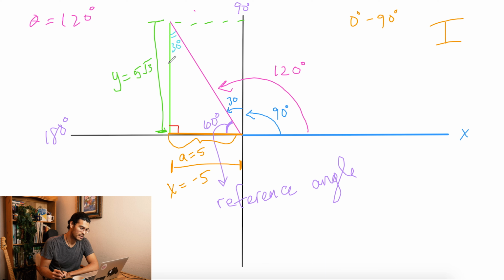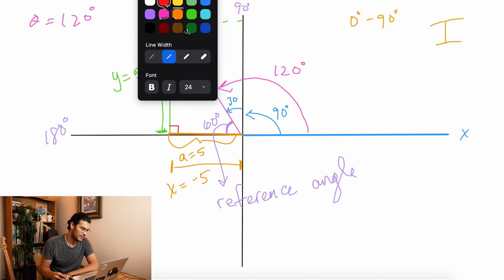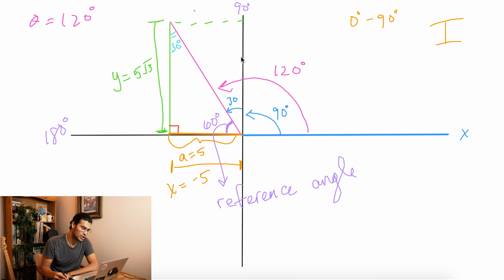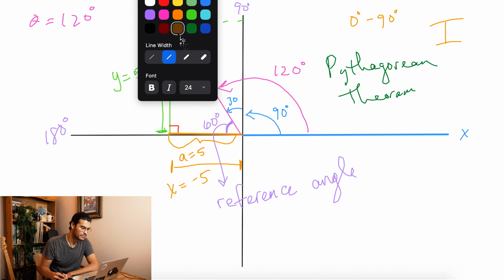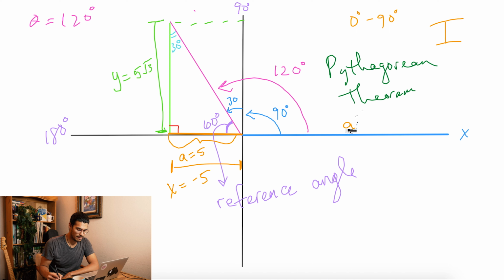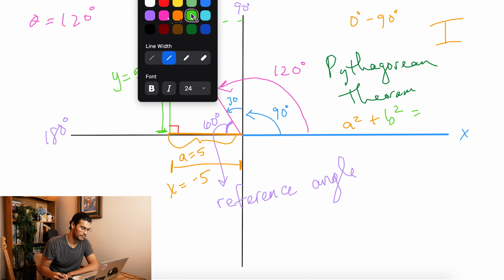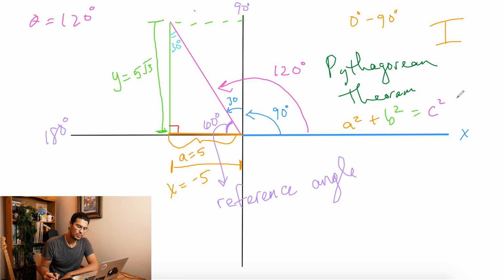This side would have a certain length, and then this side here, we could use our newly discovered Pythagorean theorem to say, okay, if we know that a squared plus b squared equals c squared, and in the long run, it doesn't really matter which side you're calling A and which side you're calling B. So far, it may seem like I'm sticking with the notation that A is your horizontal side and B is your vertical side.